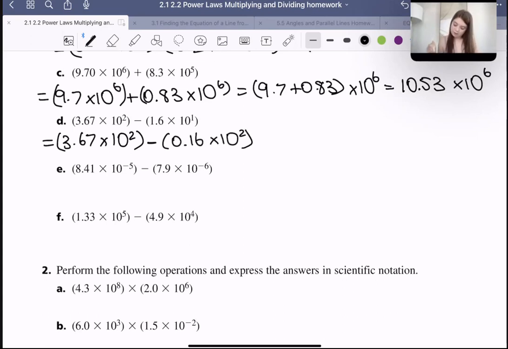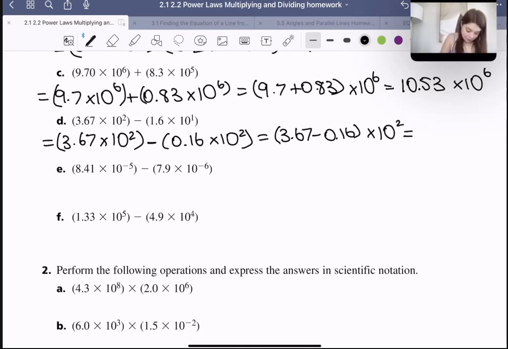I moved my decimal point one to the left and I added a power of 10 on. Now we're going to subtract. So 3.67 minus 0.16 times 10 squared. And what is 3.67 minus 0.16? Well, that's going to be 3.51 times 10 squared. And there's our answer.